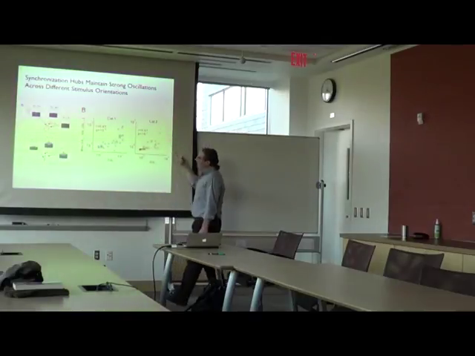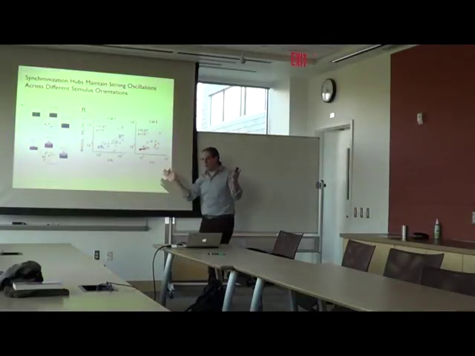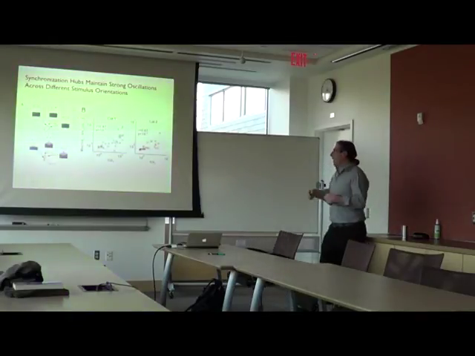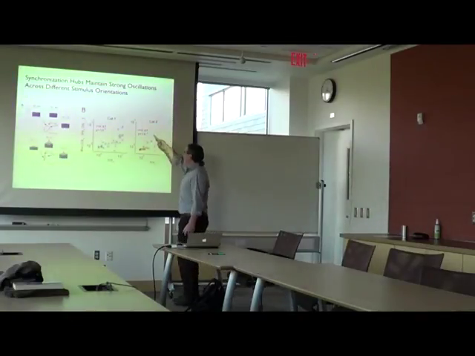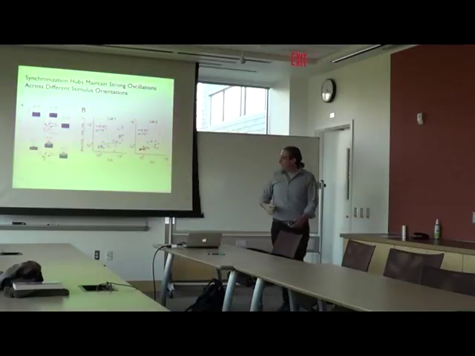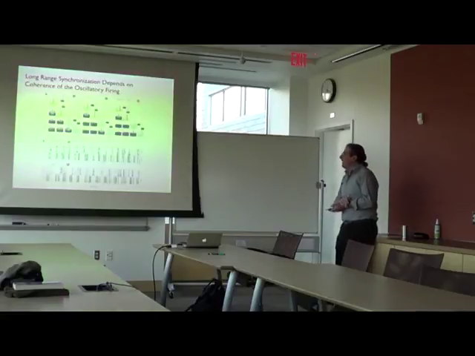And in both cases there is, and what this indicates is as you move away from the preferred orientation, the synchronization hubs, which are these outwards, maintain the strongest oscillations, and everyone else decreases.